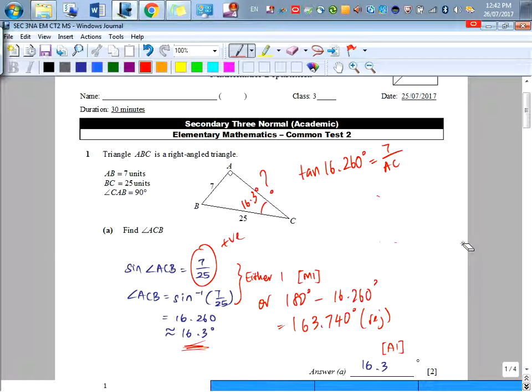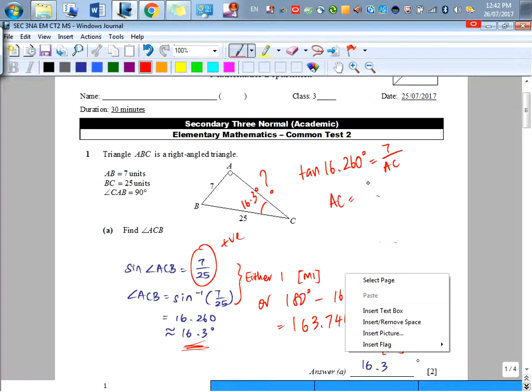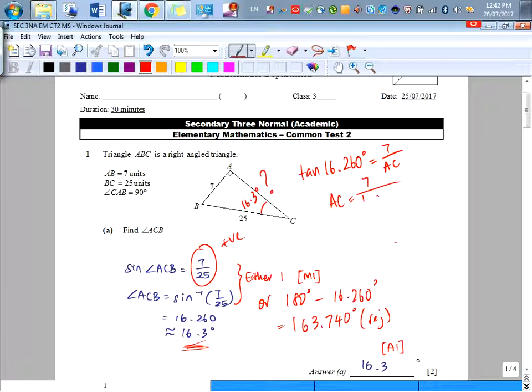Okay, then you had AC equals to 7 over tangent 16.260. Then you will get a number that is quite close to 24 point something. Then you round off to get 24. So this is no longer accurate, it is no longer exact, so I will deduct 1 mark overall. Okay? So I don't want this.